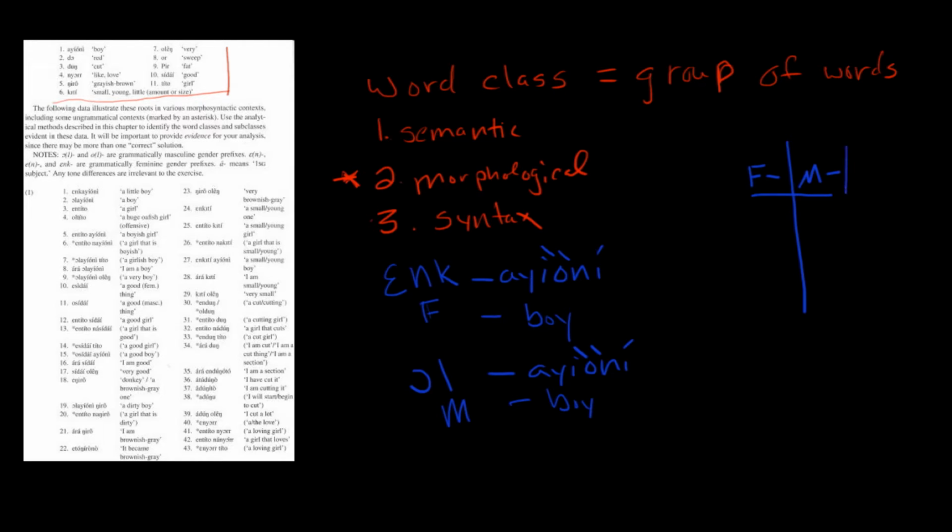Let's see some other things in this data that, if you looked through, would be something like can take the relativizer. There's an N or NA prefix or an A prefix. I can't remember, I have to look through all the data. And this is seen in, for example, let's see, where is it? Right there in 20. A girl that is dirty.